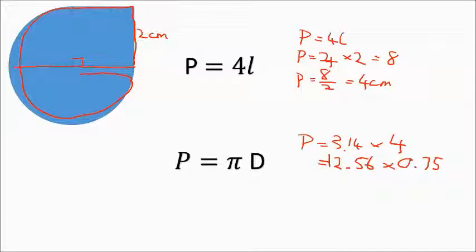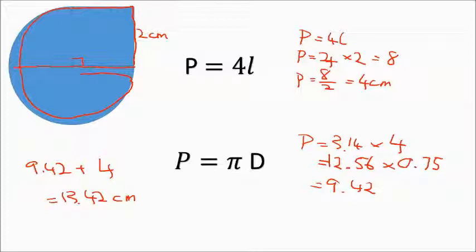It's going to give me the same answer. 12.56 times 0.75 equals 9.42. So this is 9.42, plus 4 centimetres, so it's in fact 13.42 centimetres around the perimeter of this unusually shaped object.